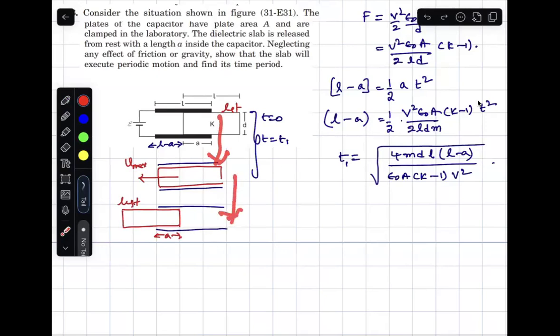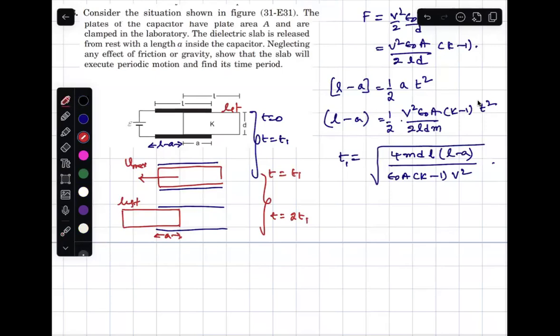Here to here, deceleration. Starting from rest to maximum velocity, maximum velocity to rest, which means the same time. So this stage is t equal to t1 to t equal to 2t1. And this process keeps repeating.